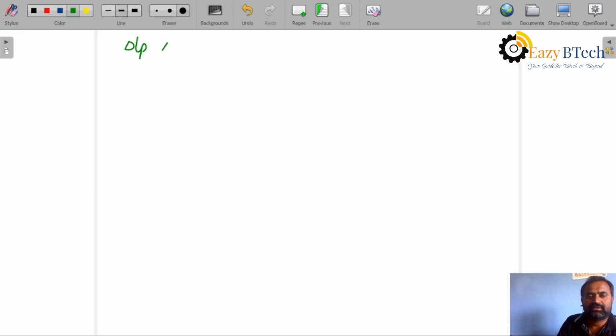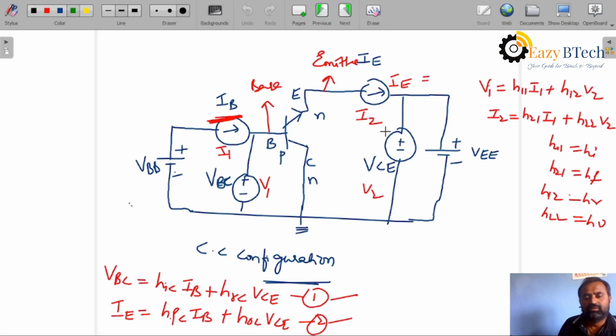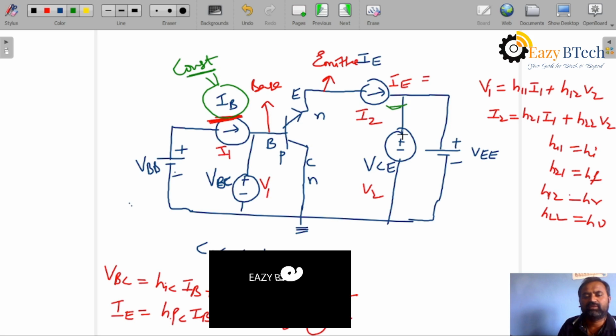Output characteristics. This is the output characteristics, keeping IB constant. Keep IB constant and plot a graph between IE versus VCE. Okay.